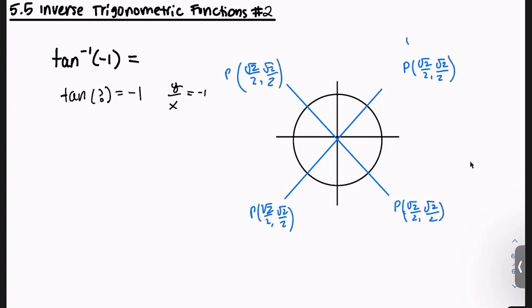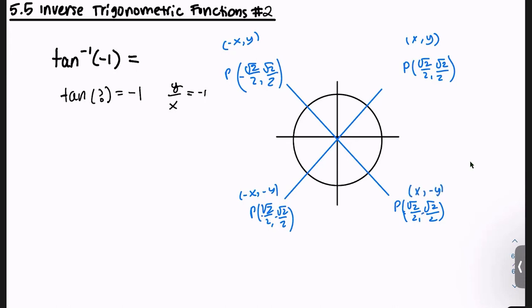Okay, so this one is positive x, positive y, so it stays the same. This one is negative x, positive y, so this one's a negative square root 2 over 2. This one's negative x and negative y, so both of them are negative. And over here, this is x and then negative y, so the y is negative.